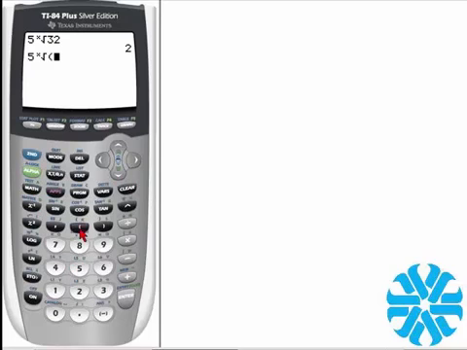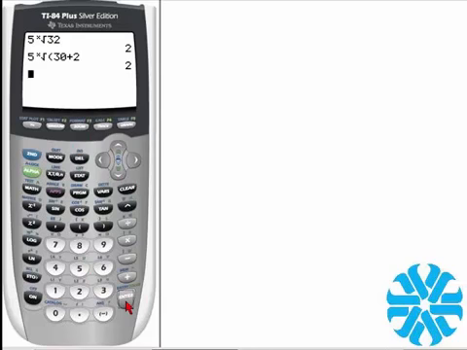This time I'm going to put a left-hand parenthesis and then enter 30 plus 2. Now if you remember, the left-hand parenthesis in front of this operation assumes that there is automatically going to be a closing parenthesis on the end. It's assuming that all this is under the radicand. So we should get the same result if we hit enter, because it's going to be the fifth root of 30 plus 2, which is the fifth root of 32, which should equal 2. So hitting enter, we get 2.